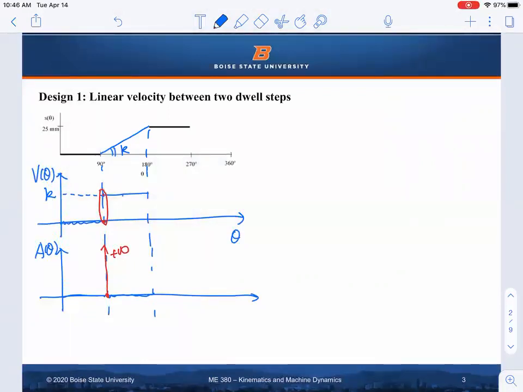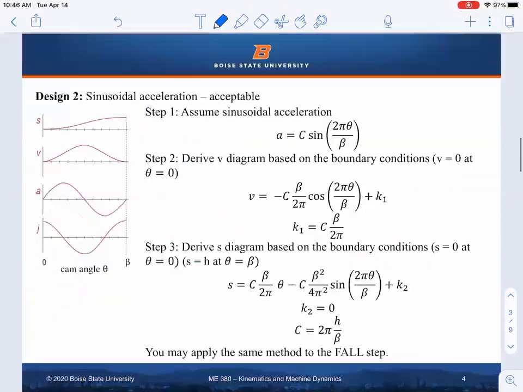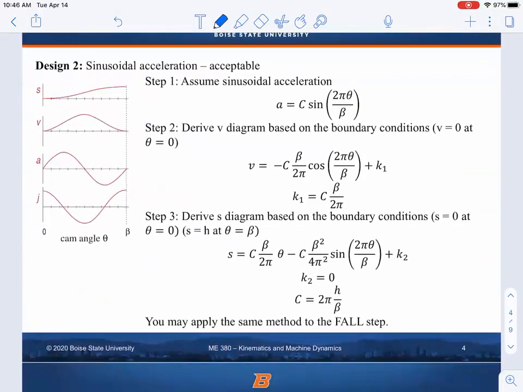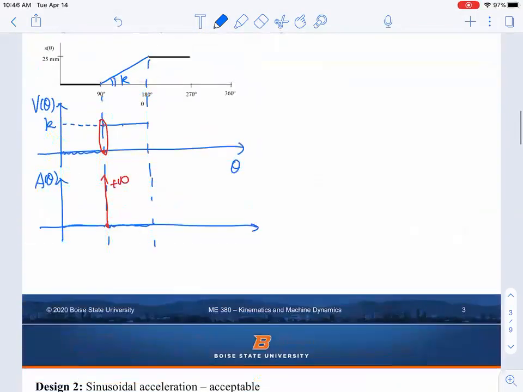So how can we make your acceleration continuous? The very first approach is, because we already know that your acceleration should be continuous, why not just start your design from acceleration? Give your acceleration a continuous function, and then we start from there.